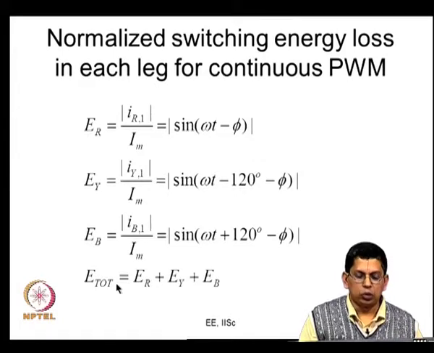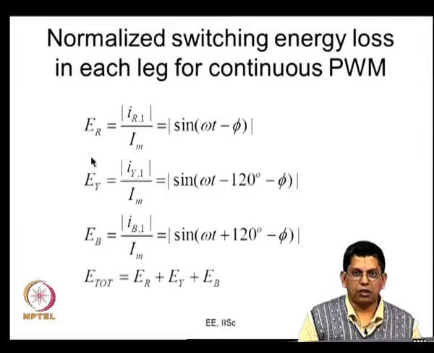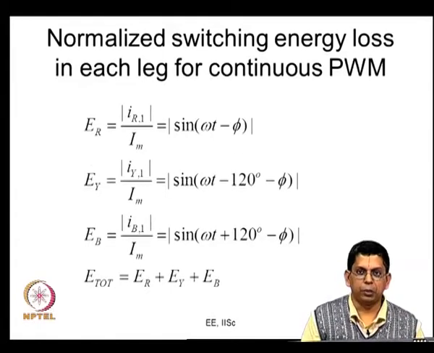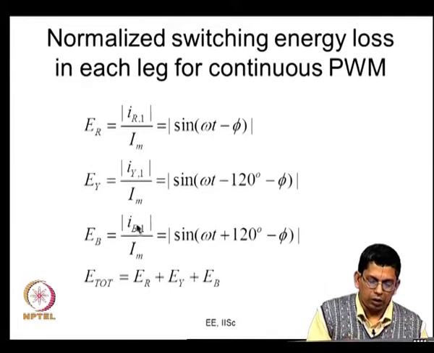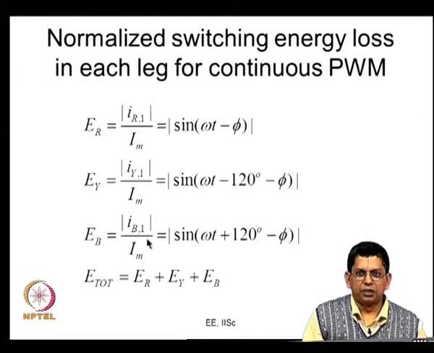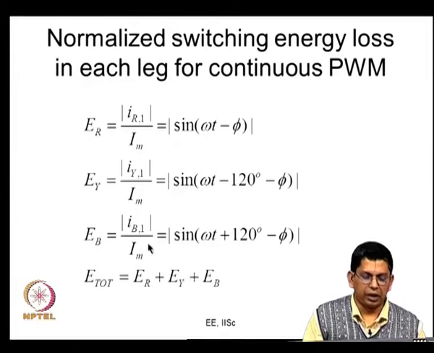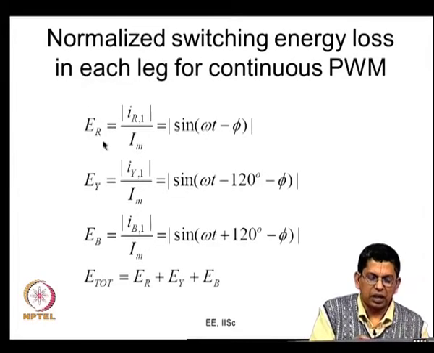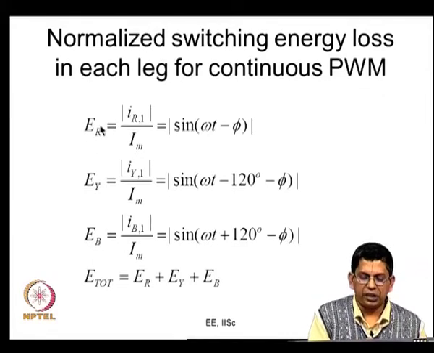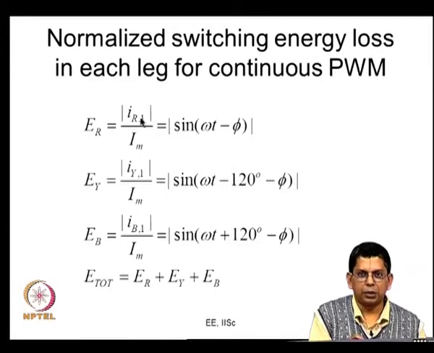One thing we will do is define a certain normalized switching energy loss. Our purpose is a comparative study of PWM methods. So, we are considering a case of the same operating condition of the inverter, where maybe PWM 1 or PWM 2 or PWM 3 is being used. The normalized energy loss in R phase leg is proportional to the unsigned value of IR1, because it may be plus 10 ampere or minus 10 ampere, the energy lost is the same.